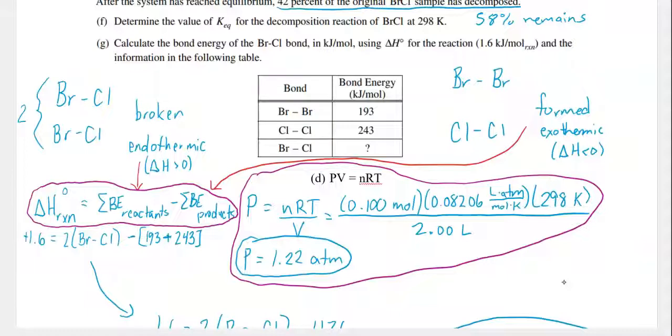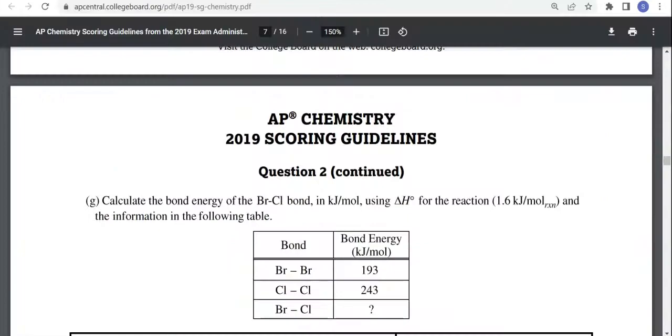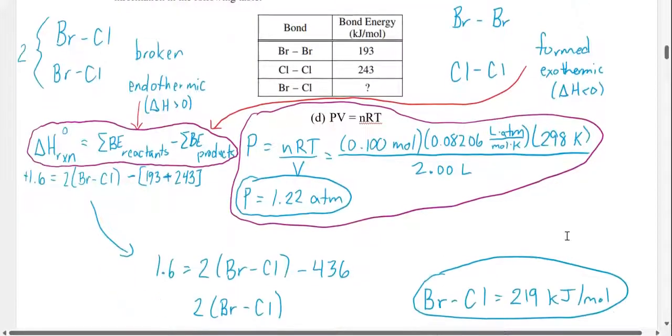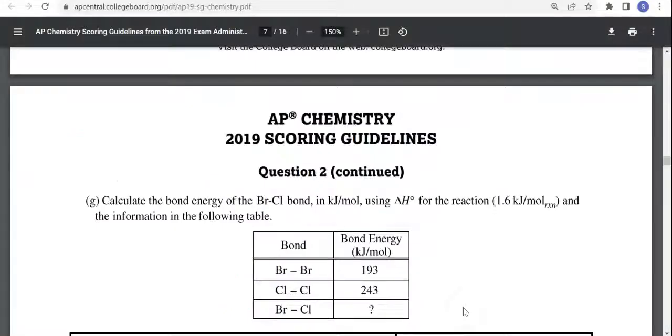Product bonds are formed, which is exothermic, and that's a negative delta H. So that's why we do reactants minus products for the bond energies. And so we just plug everything in. We have to multiply the BrCl by 2 because we have 2 BrCl molecules, so two BrCl bonds. And I got 219 kilojoules per mole.